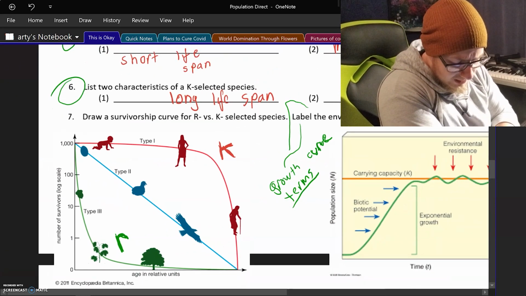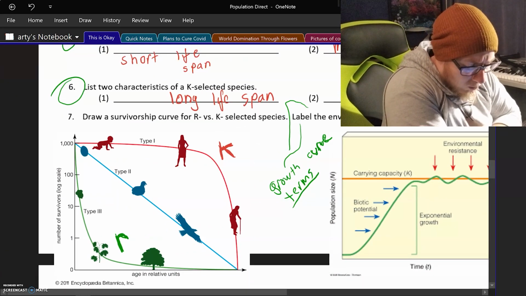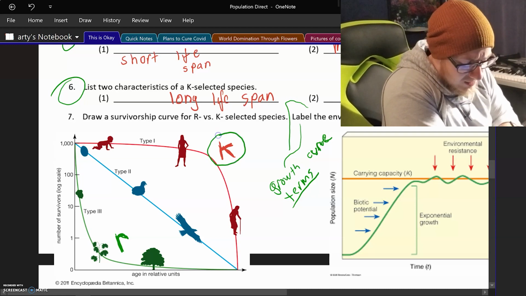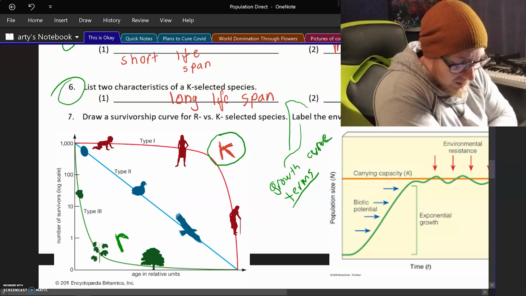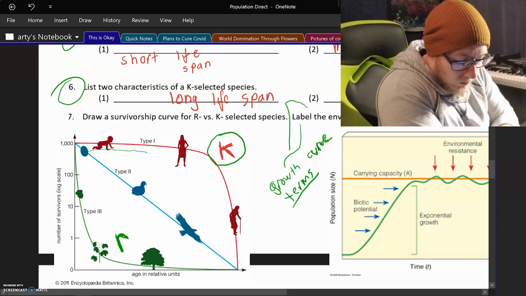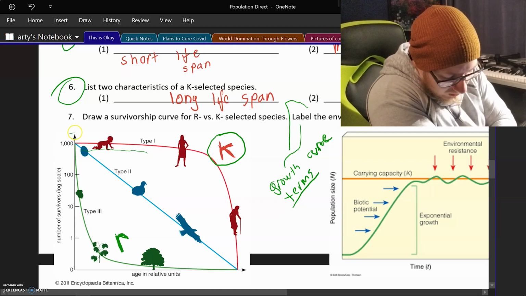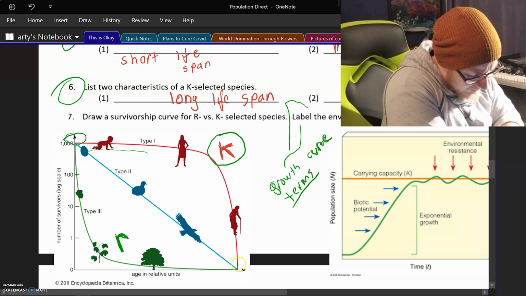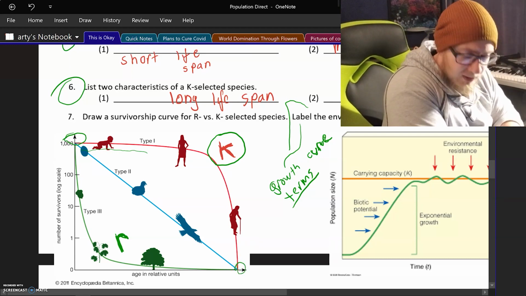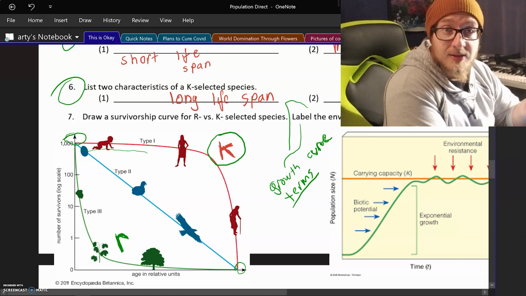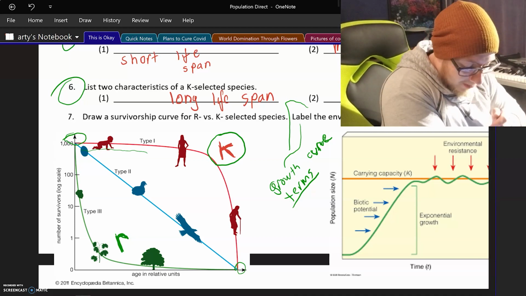There's type 1, type 2, and type 3. A type 1 survivorship curve is very typical of a K-selected species. You have some sort of offspring and you make sure that it survives for as long as it can. So you have really low death rates early on in the life of a K-selected species, and then you get high death rates the older it gets. The older a K-selected species gets, the more likely it is to die, just out of old age.